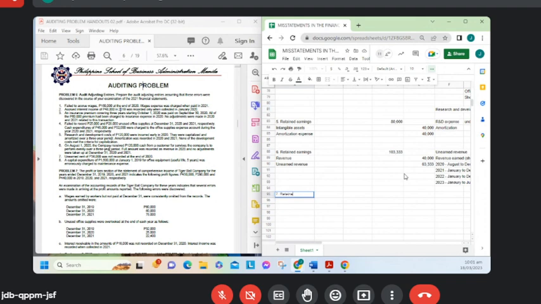So resulting to an overstated retained earnings amounting to 36,000 pesos and unearned revenue amounting to 36,000 pesos.